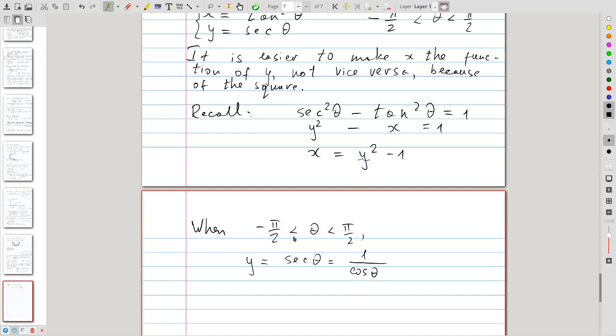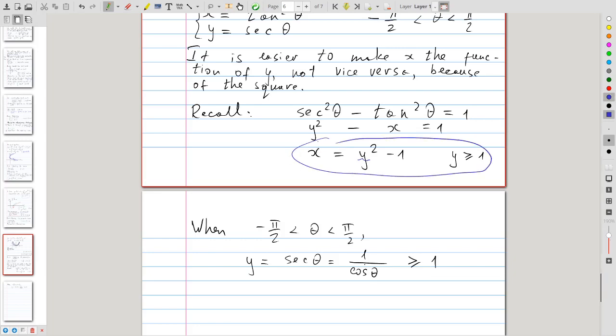Well, in this range, cosine theta is positive, and obviously being cosine, it is never bigger than 1. So in this range for thetas, cosine is between 0 and 1. And we are dividing 1 by something in this range, and so this must be bigger than or equal to 1. So the range for y in this parabola is y must be bigger than or equal to 1.